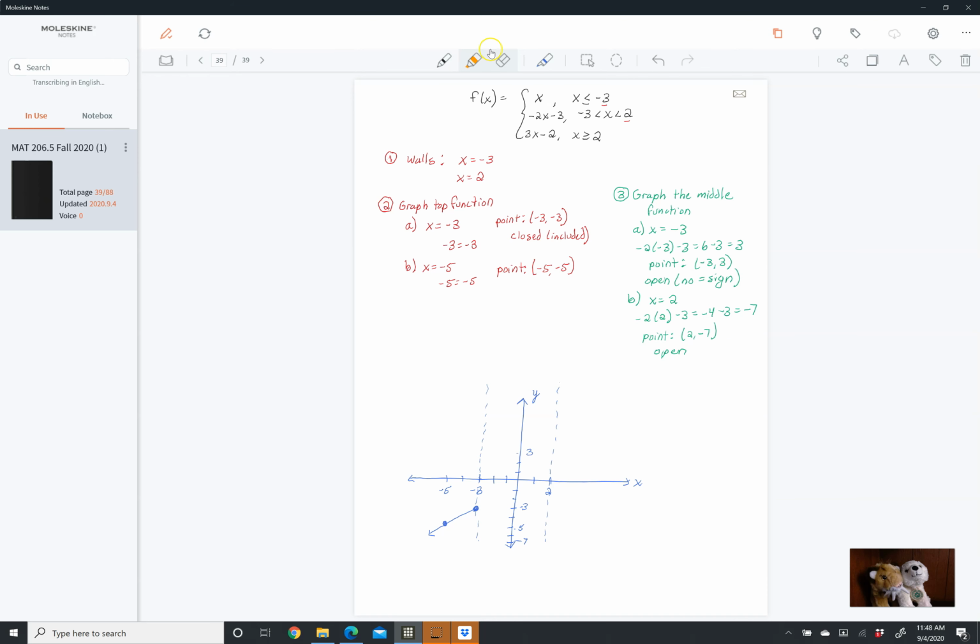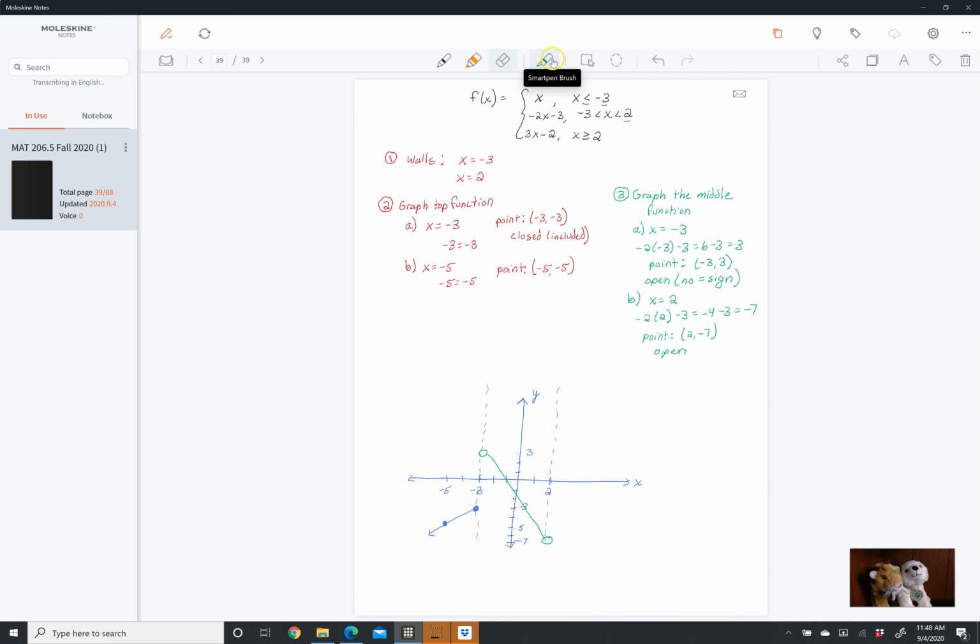Okay, so we're going to have a point at negative 3, 3, and that's going to be an open dot. And we're going to have a point at 2, negative 7, also an open dot. And we just connect these. And we don't have to worry about an arrow because it's between 2 walls, so it doesn't keep going in any direction. So this is the middle function.